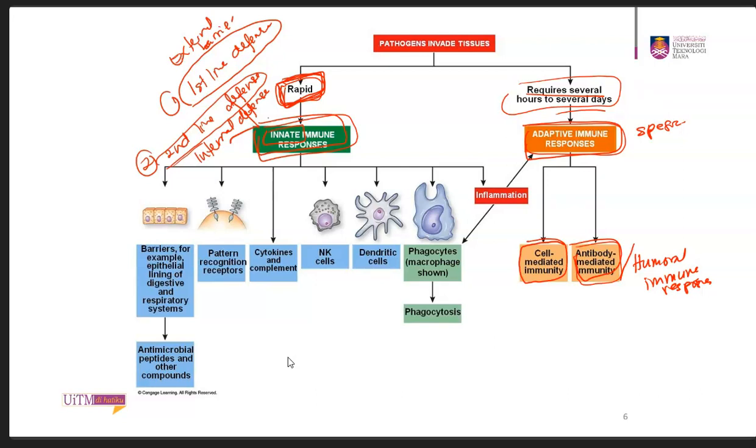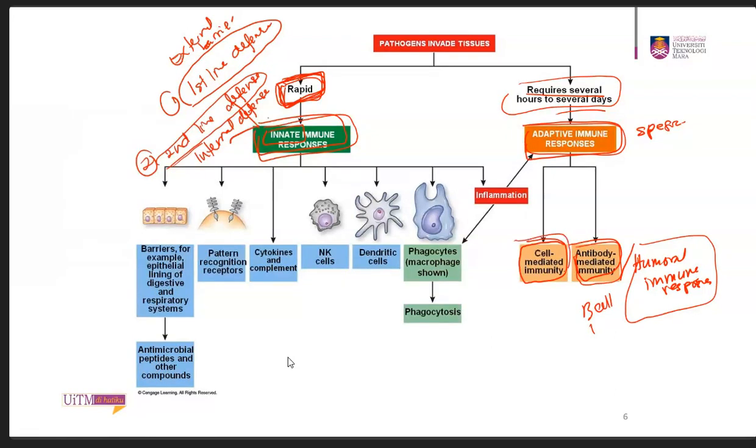What is the reference book that you used? Campbell. Okay, kalau Campbell dia guna humoral immune response. The other reference book uses antibody-mediated immune response, but both are referring to the same mechanism that involves the B cell. The B cells producing antibody.